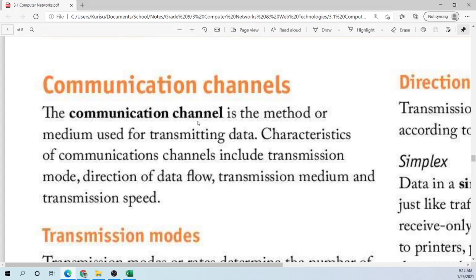What was used? That is the communication channel. What characterizes that communication channel is the transmission mode, the direction of the data flow, the transmission medium, and the transmission speed. All of that are characteristics of the communication channel.